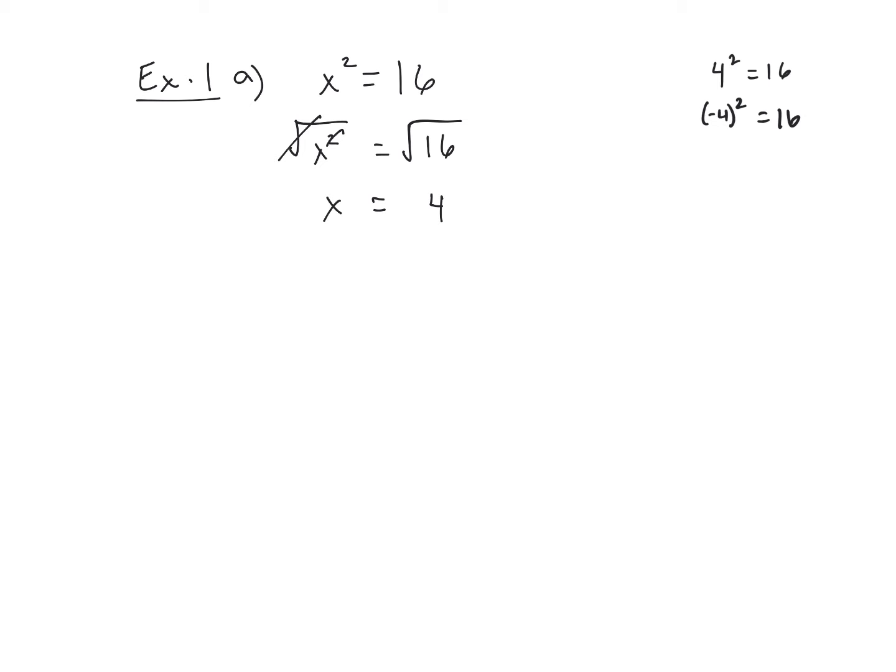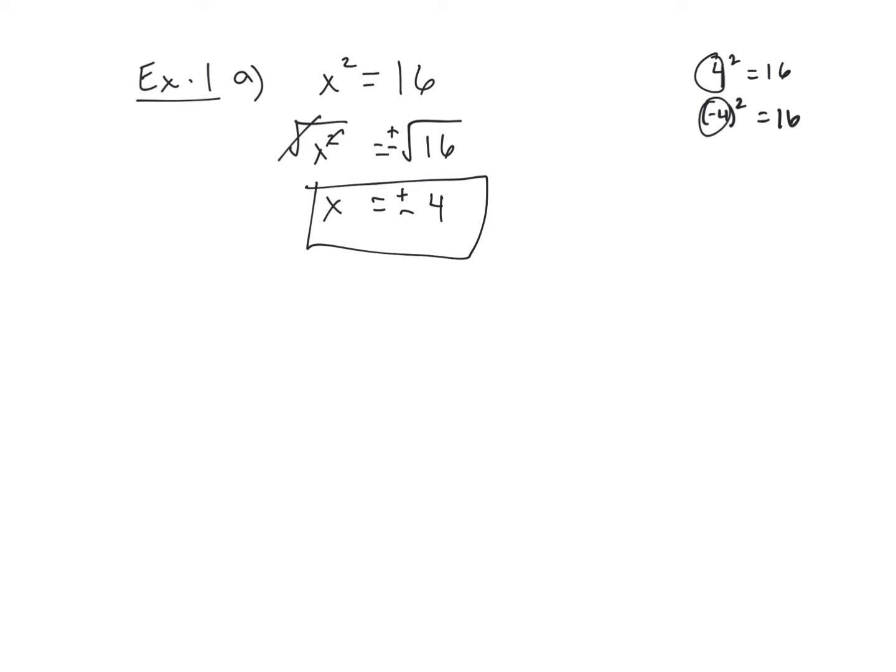The problem is that's only giving me the positive version of the answer, right? And so my rule is that when I take a square root of both sides of the equation, on the side with the number I put plus or minus. And that shows that I can either have the positive or the negative version of that 4, right? So my answer is going to be x equals plus or minus 4, positive or negative 4, all right?